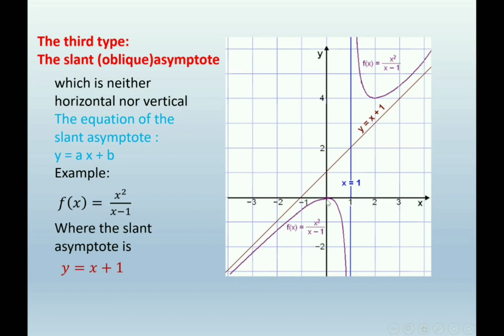And when you study the limit of this curve getting closer to the slant asymptote, you can see it is going to infinity from that branch, and from that branch, and from that branch, and to infinity from that branch too. This graph has 4 branches, all going to infinity.